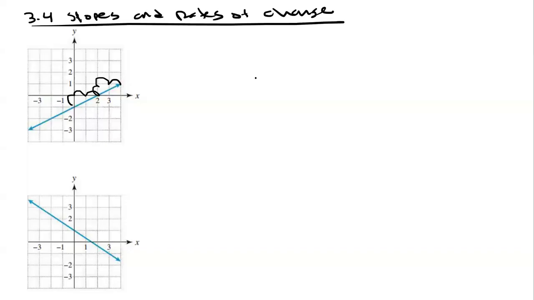So the slope here will be what? 1/2. So the slope for this line is going to be 1/2 because it rises one and runs two.